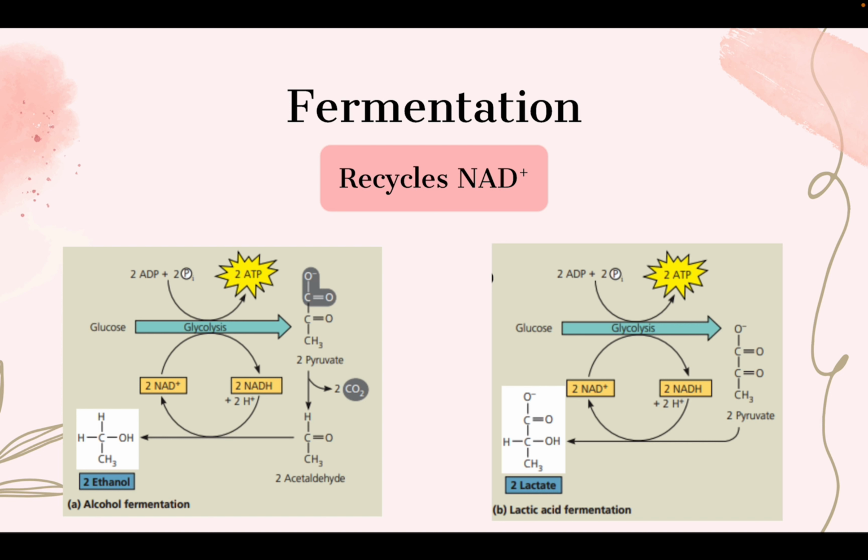If you look at each of these processes, essentially you're just recycling NADH and using glycolysis to try and get as many ATPs as you can. Each cycle with each glucose only gets you 2 ATPs, so it's vastly unpreferred to cellular respiration, but some organisms only use fermentation, and under some circumstances you are forced to use fermentation.